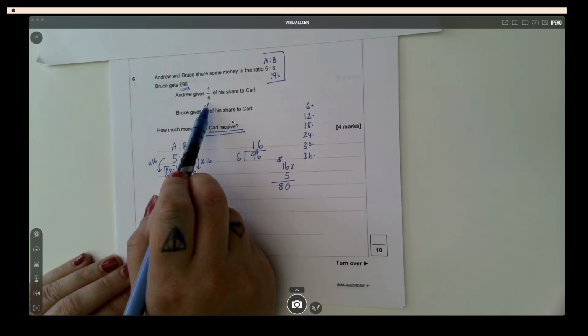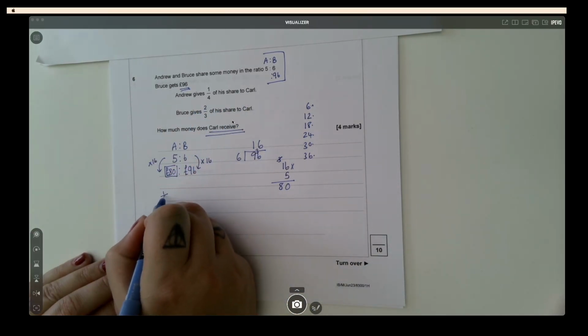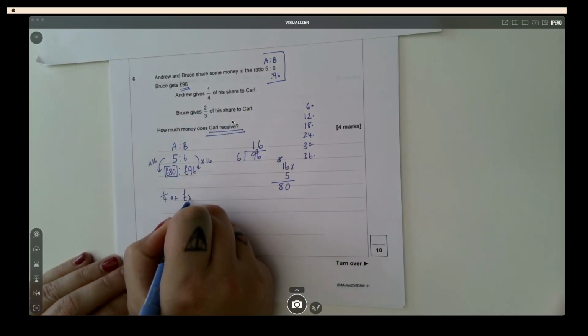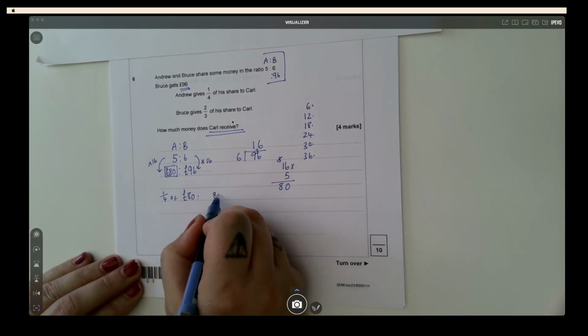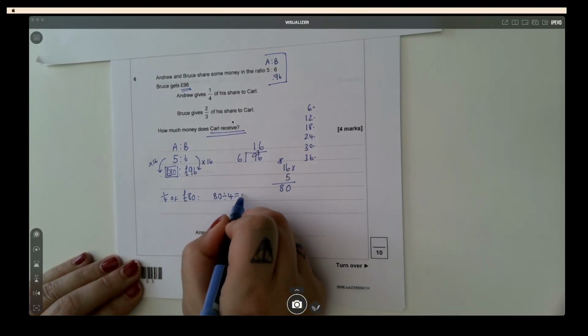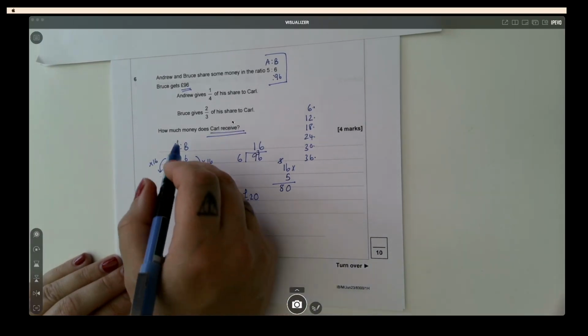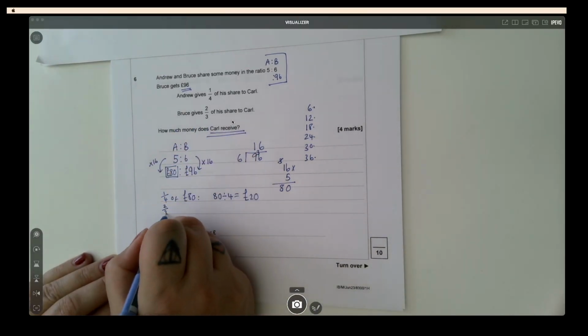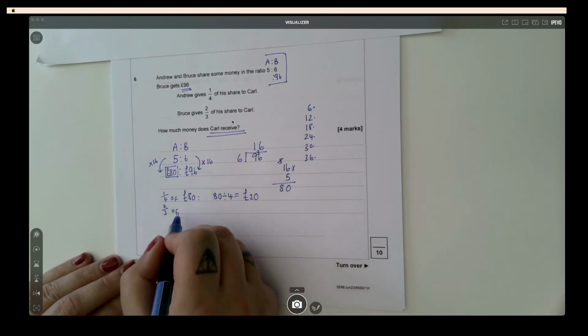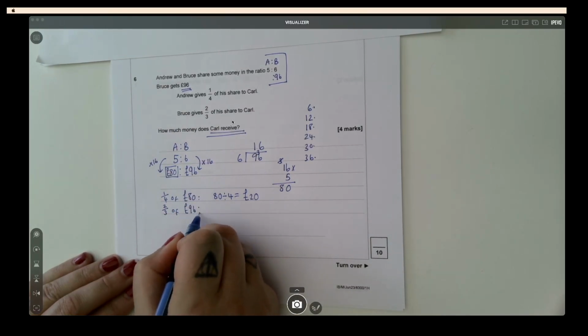So Andrew gives 1/4 of his share to Carl. So 1/4 of £80 is that £80 divided by 4. So Andrew's going to give Carl £20. Bruce gives 2/3 of his amount, so 2/3 of £96.